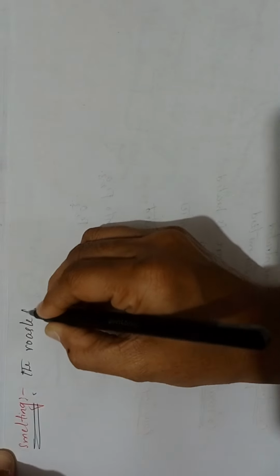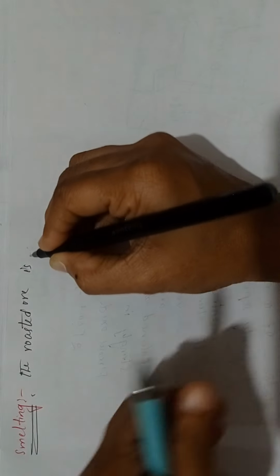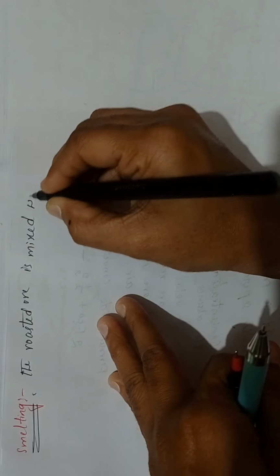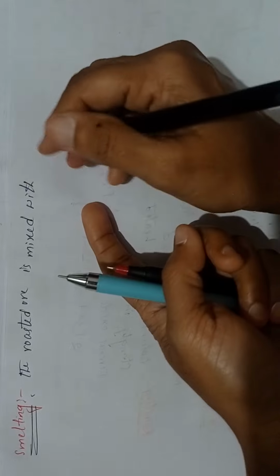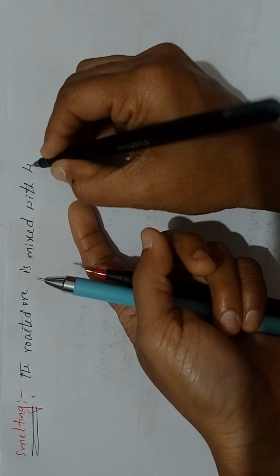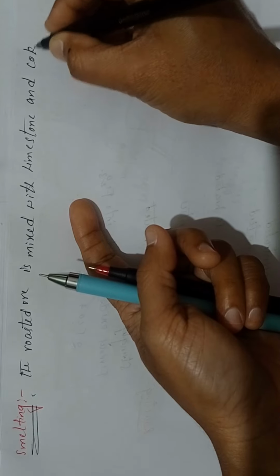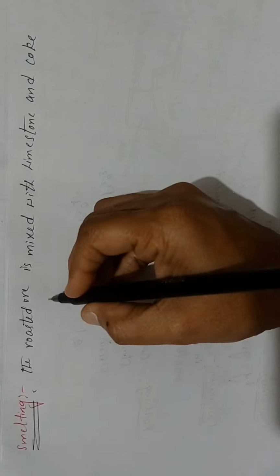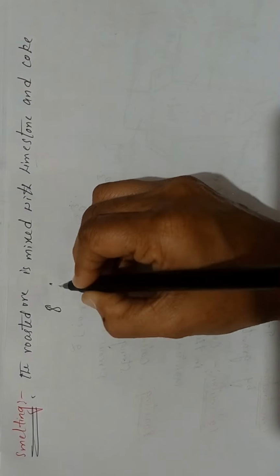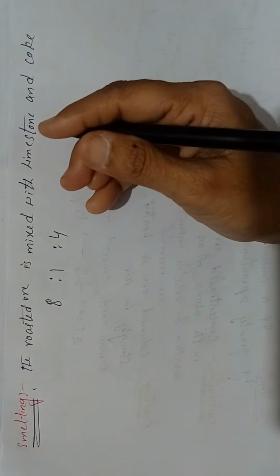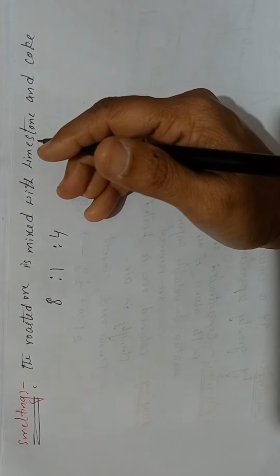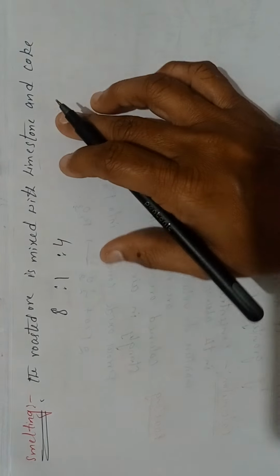That roasted ore you have to take and mix with limestone and coke in the ratio 8 to 1 to 4, that is, roasted ore 8, limestone 1, and coke 4.